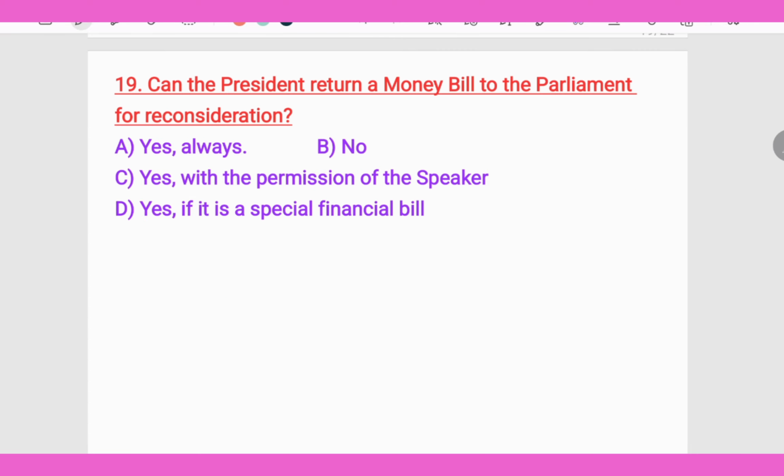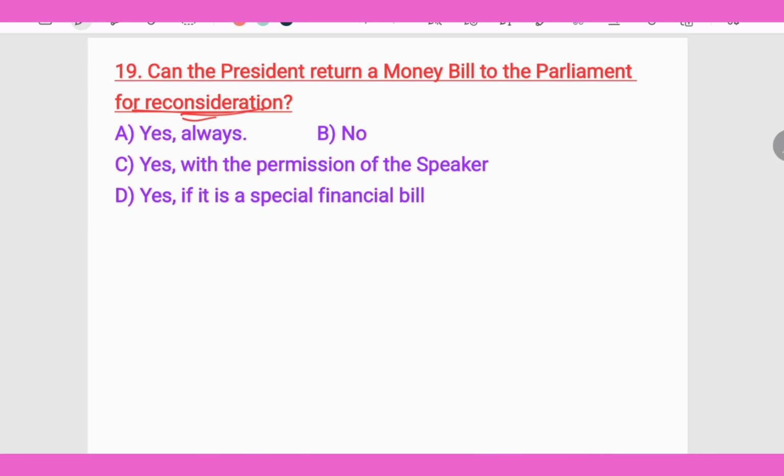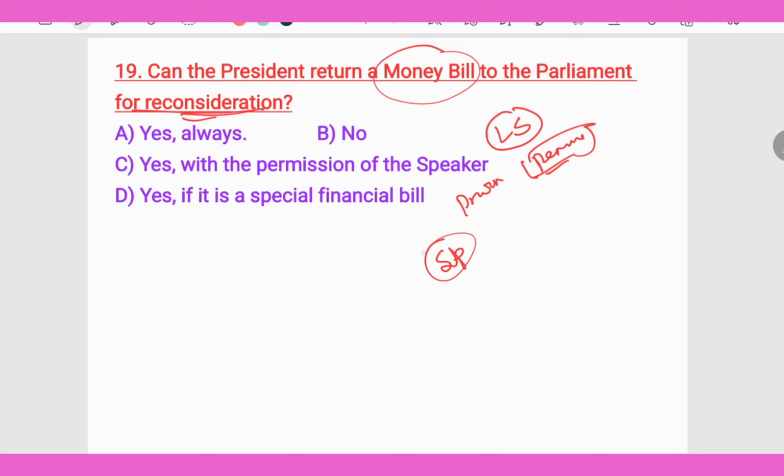Next question is, can the president return a money bill to parliament for reconsideration? Generally, a money bill is introduced only in Lok Sabha, but with the prior permission of the president. But the Speaker decides whether a bill is a money bill or not.